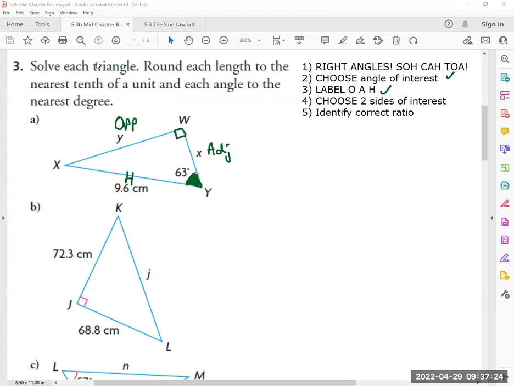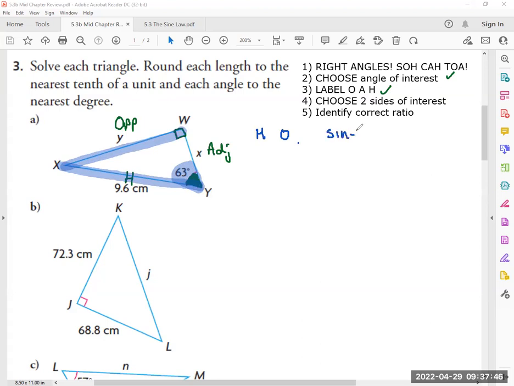One of your sides is going to have to be unknown. Here we go. I'll give you this one. I'm going to use this angle, obviously. I want to use this side as well because I have information. What side do you want to target? How about we start with opposite? So the question is using hypotenuse and opposite.